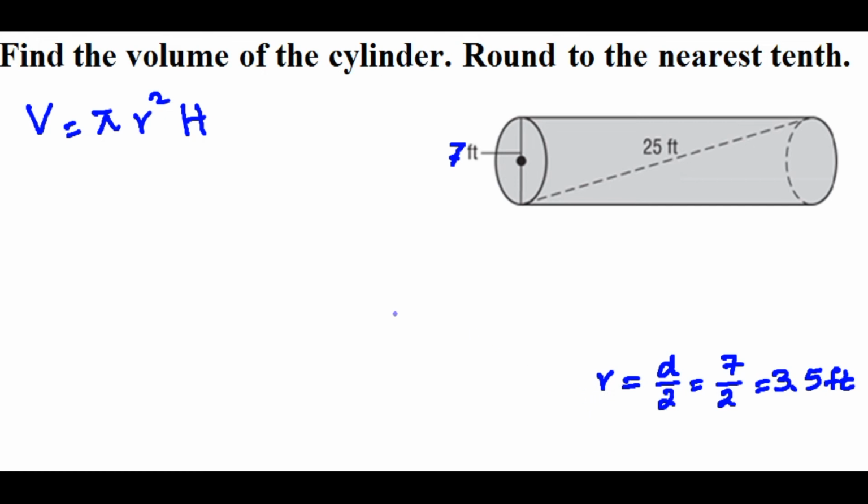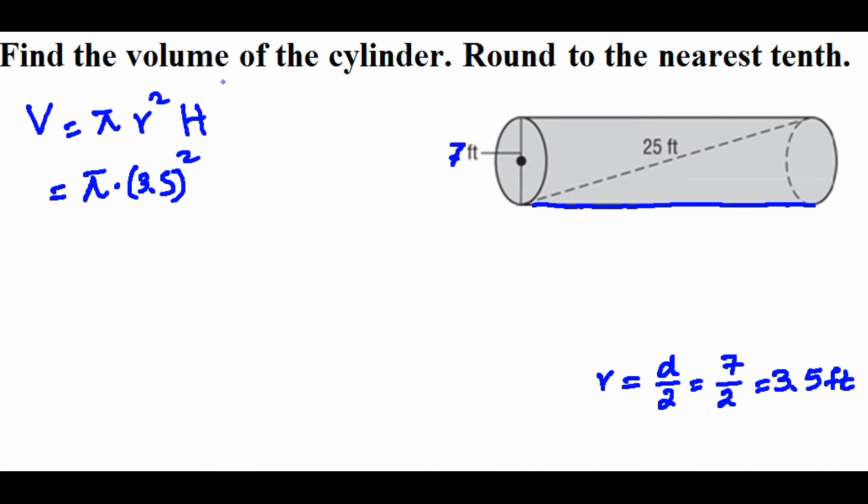So I'm going to be using this value for the radius. So pi times 3.5 squared. Okay, now here we have a problem. The problem is that we are not given the height. Can you see the height of the cylinder is right here. We don't know what is the length of this height.